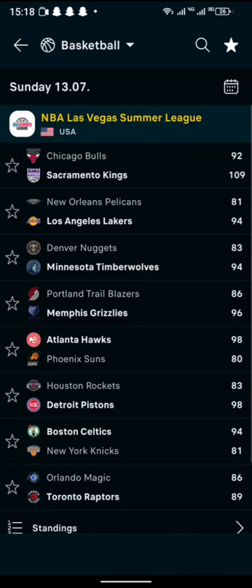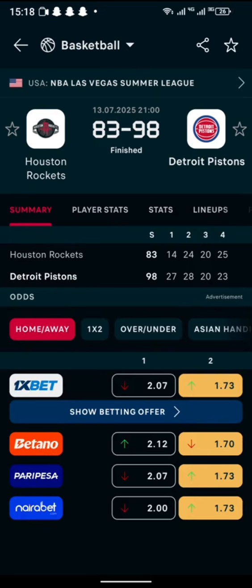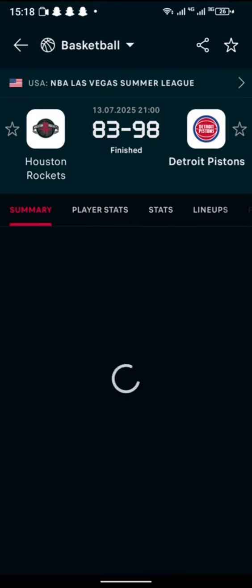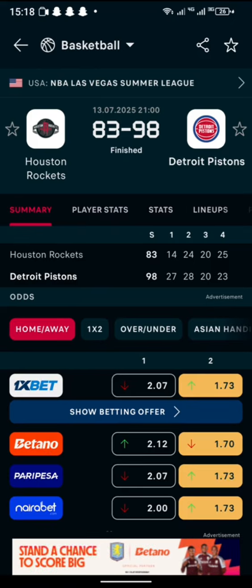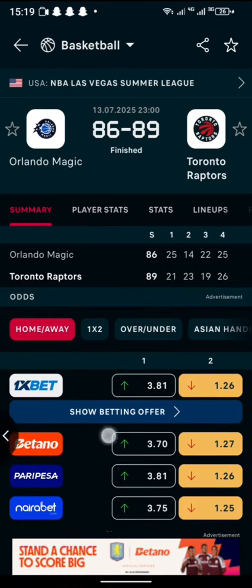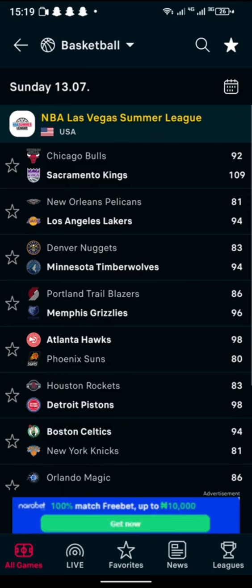There was no draw. There was a draw here because of the third quarter, 20-20. There was no draw. So guys, this option is a very good one.